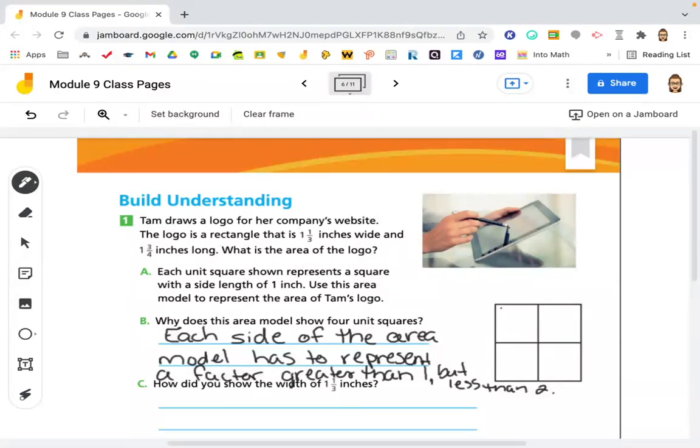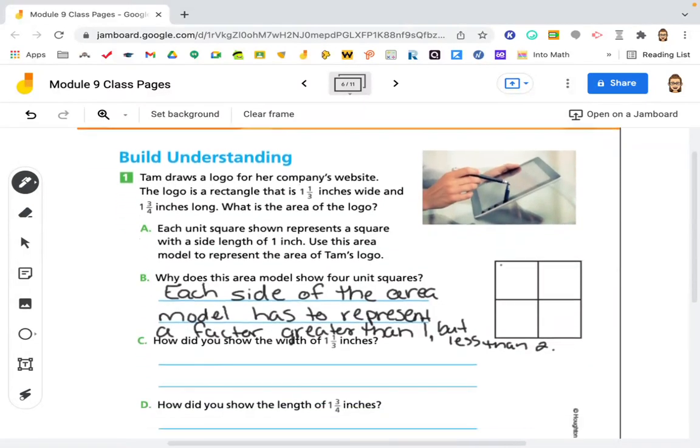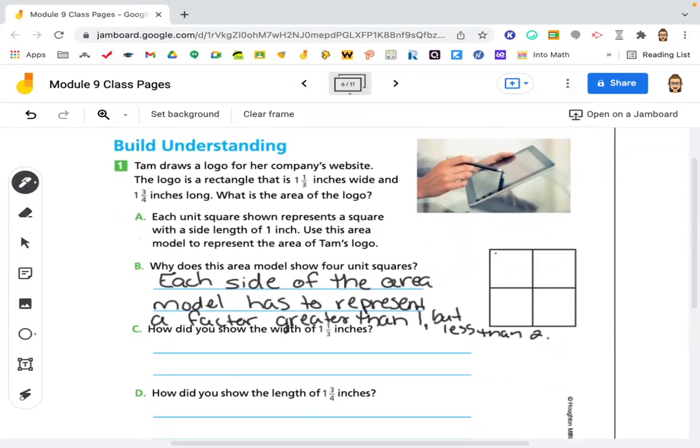So then it says, how do you show the width of 1 1/3 inches? Well, we need to split 1 1/3. This is going to be the top here. We need to split that into thirds. So we're going to split each side into thirds, and then you would shade all of 1, because that's 1, 2, 3 makes up the whole, and 1/3.